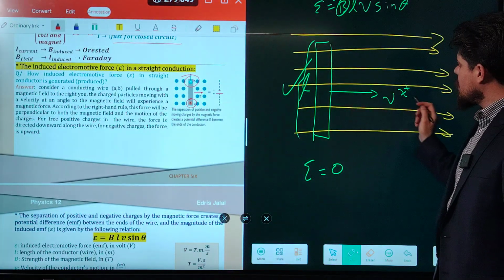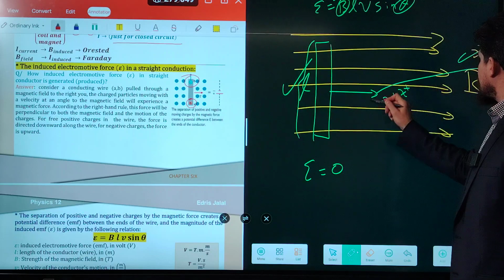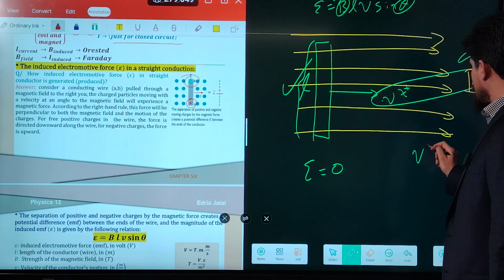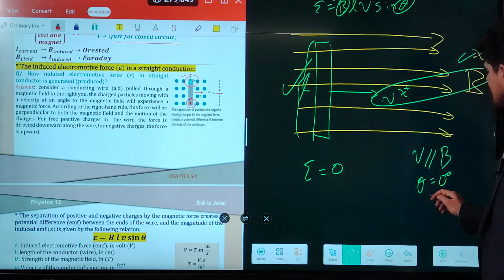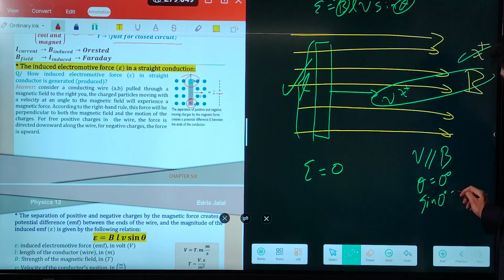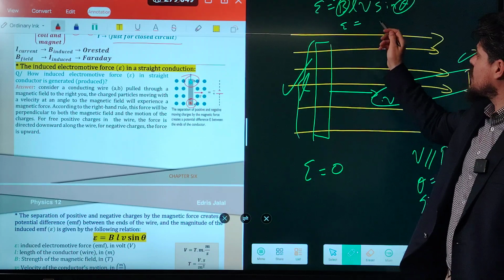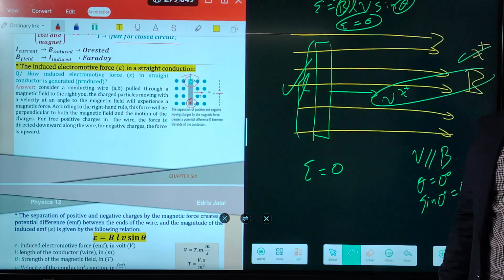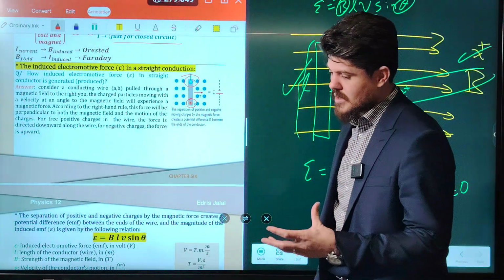Yes, it's moving to the right. But what is the angle between V and B? Because they are parallel, the angle between them is 0, and sine 0 is 0. So that is why there will be no electromotive force and no current when the conductor is moving parallel to the direction of the magnetic field.